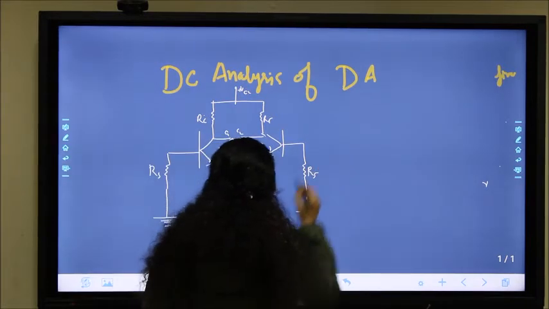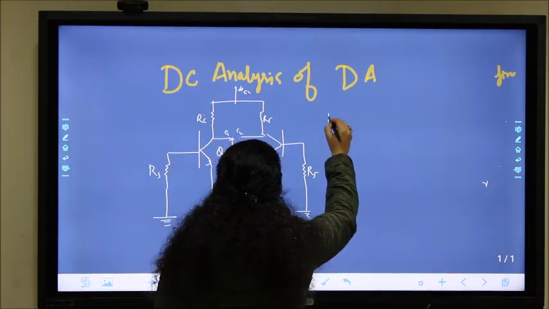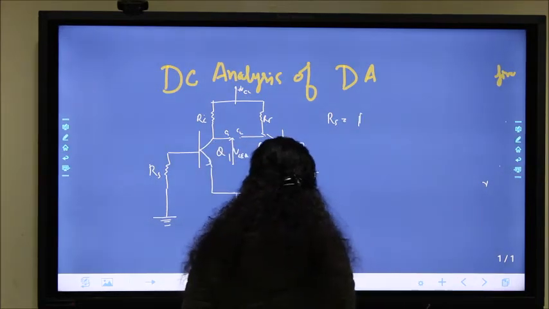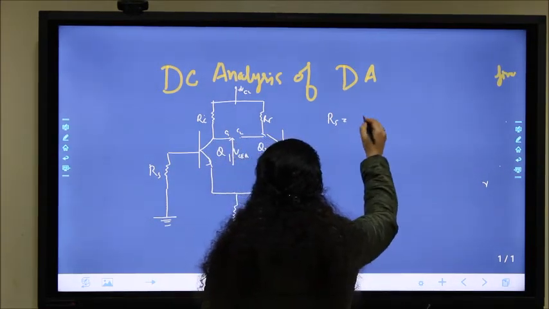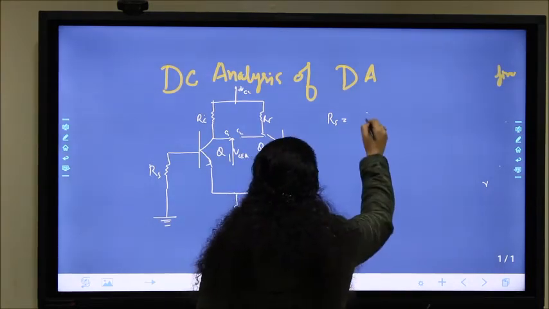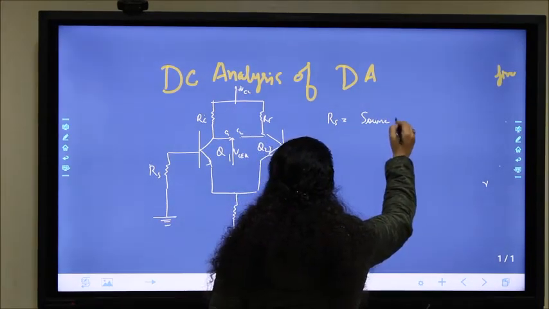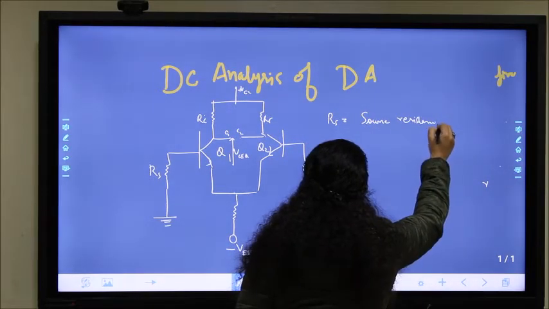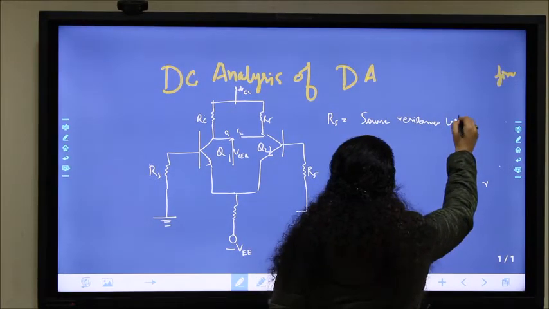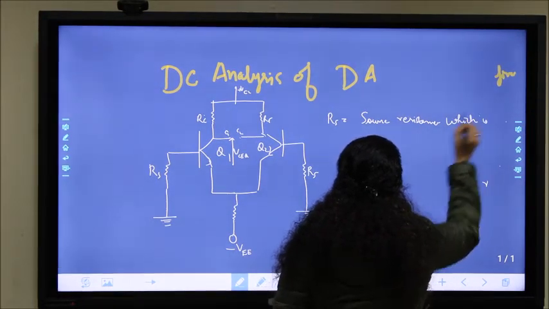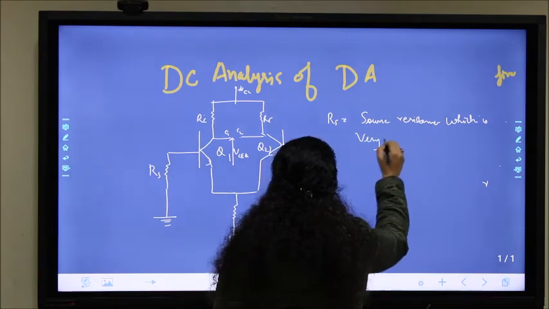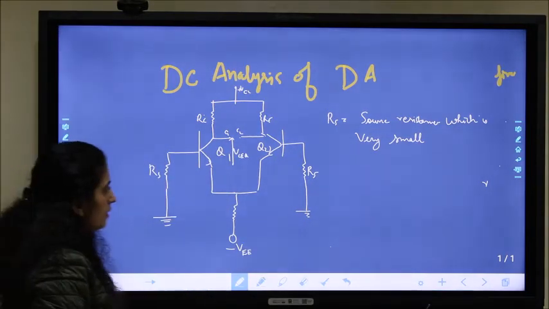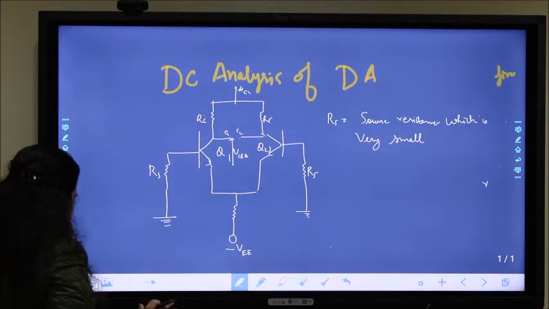Now RS is your source resistance, which is very, very small.